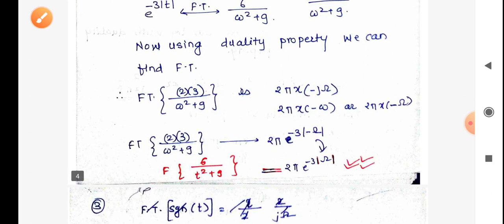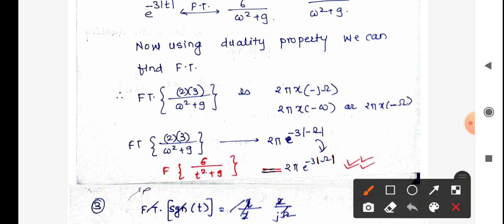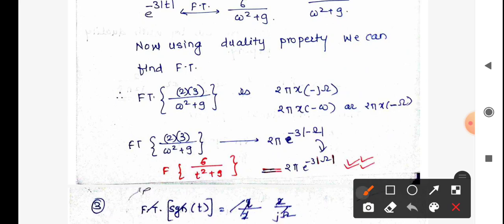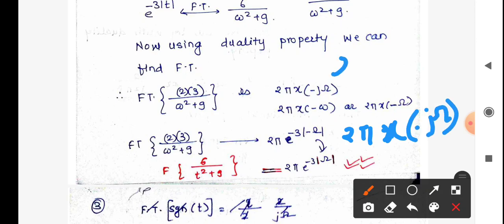Now by using the duality property, if I am required to find the Fourier transform of 6 upon t square plus 9, obviously this e raised to minus 3 mod t should be written in terms of 2 pi x of minus j omega, that means 2 pi e raised to minus 3 mod of minus j omega, right?